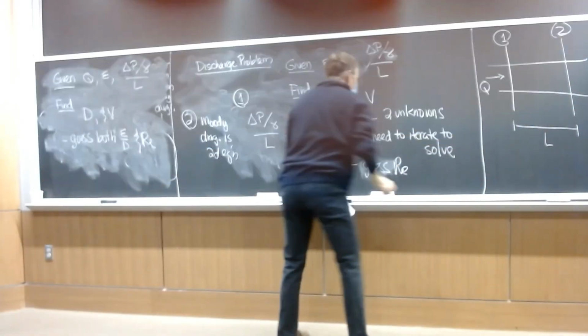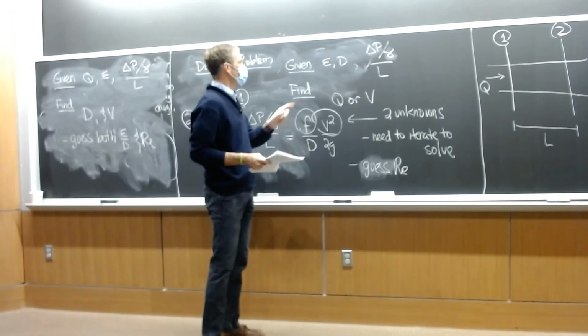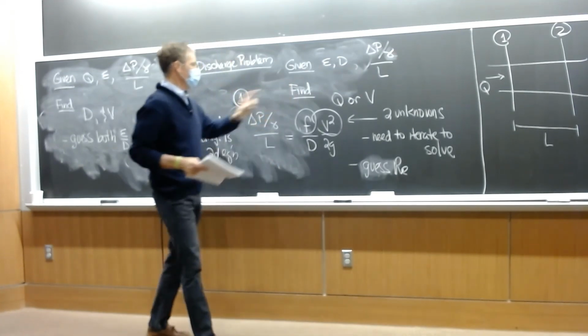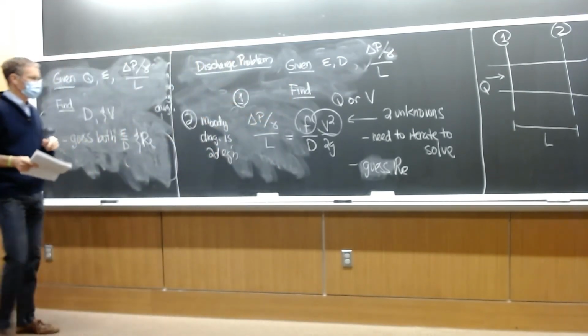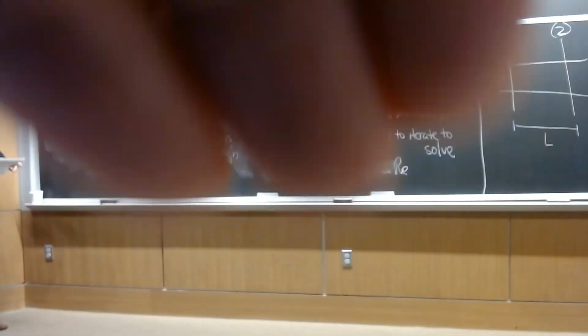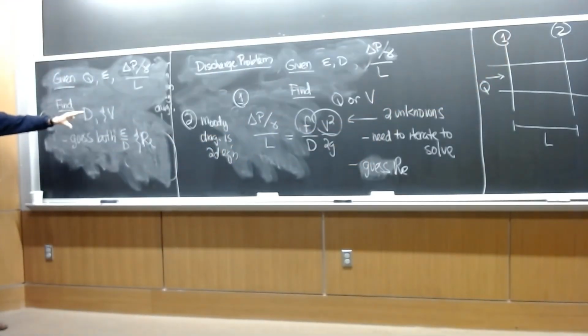Here, we'd have to guess the Reynolds number because we don't know the velocity, but we do know the relative roughness.